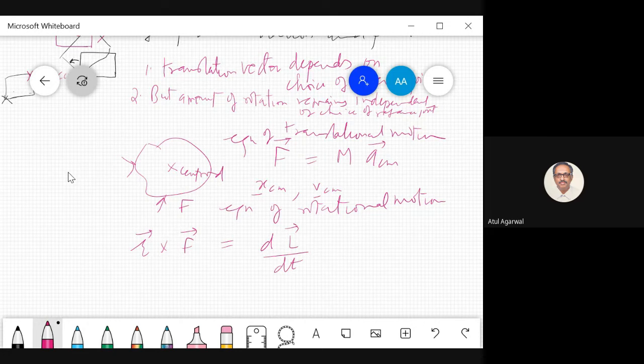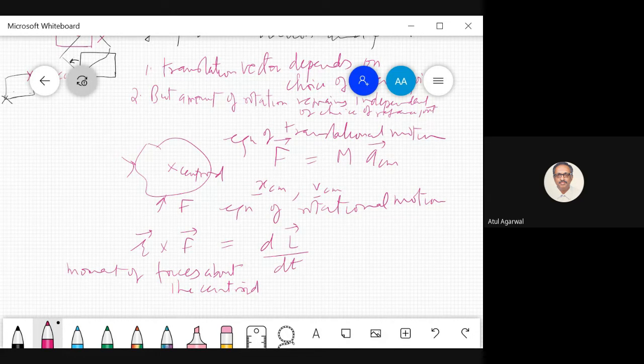So here you have taken this R, this moment of forces about the centroid. So this angular momentum of the body is also about the centroid.